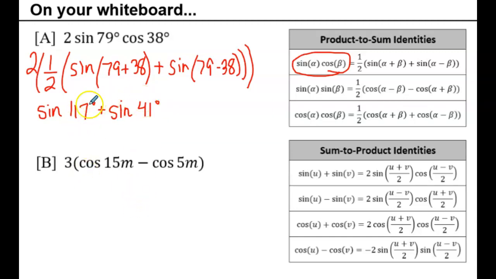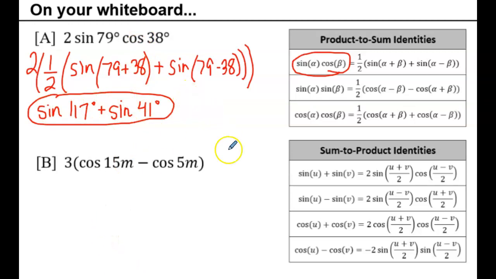Okay, neither of those are special angles on the unit circle, and we're going to go ahead and stop there, and that's been converted from a product into a sum.